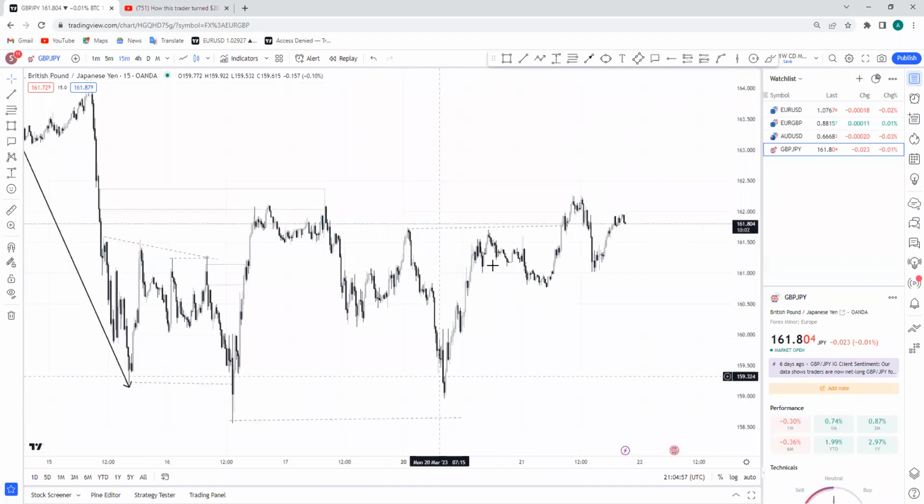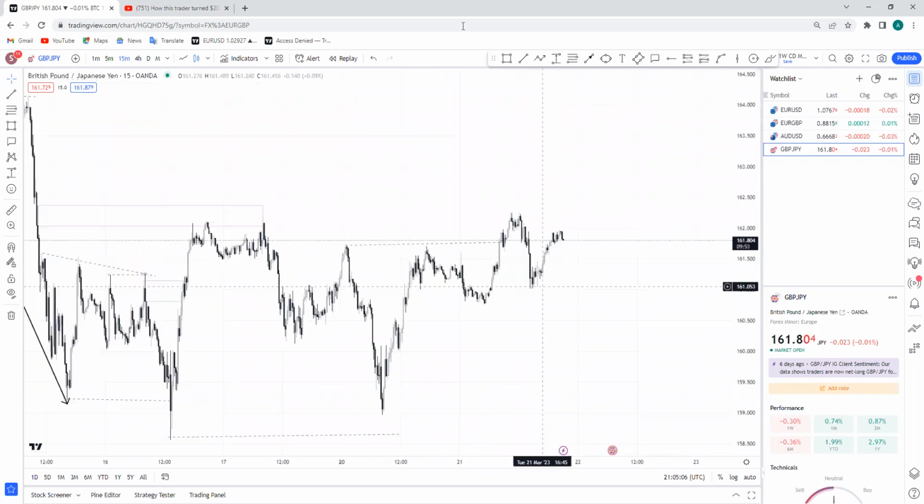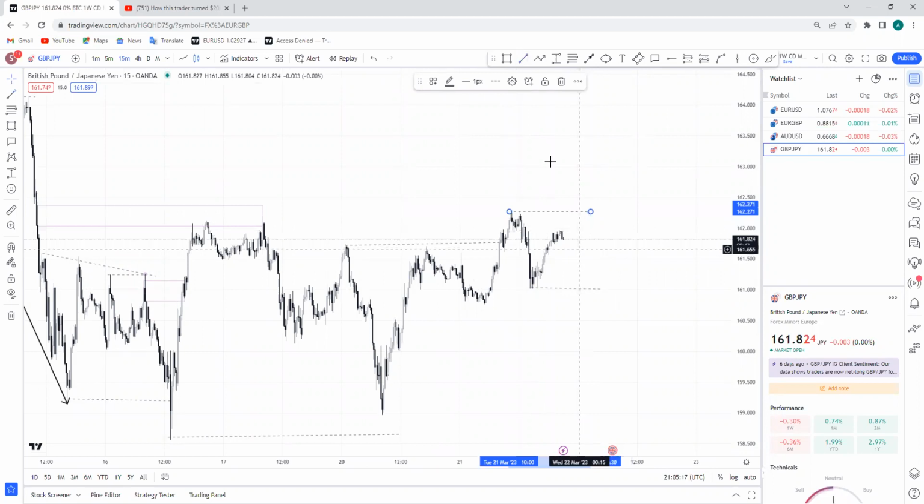Looking at this structure, we have higher high, higher low. This is the internal liquidity and this is the external liquidity. I want price to do something like this: clear this place, come to a proper point of interest and target another high.